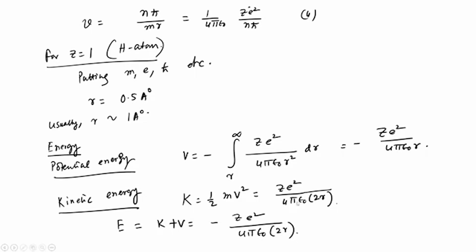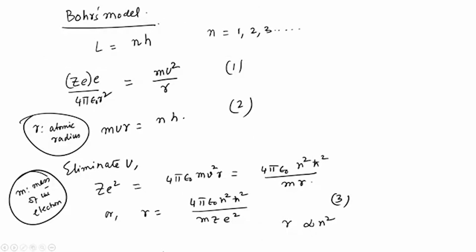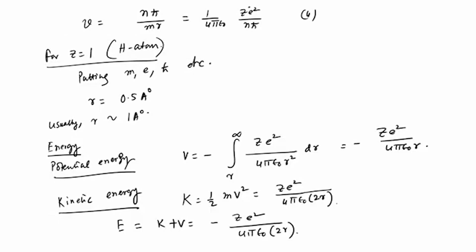And so, if you use the R from equation 3, and let us call these equations 5, 6 and 7, the total energy of this hydrogen atom comes out to be E equal to minus m Z square e to the power 4 over 4 pi epsilon 0 whole square, 2 h cross square, and 1 over n square.